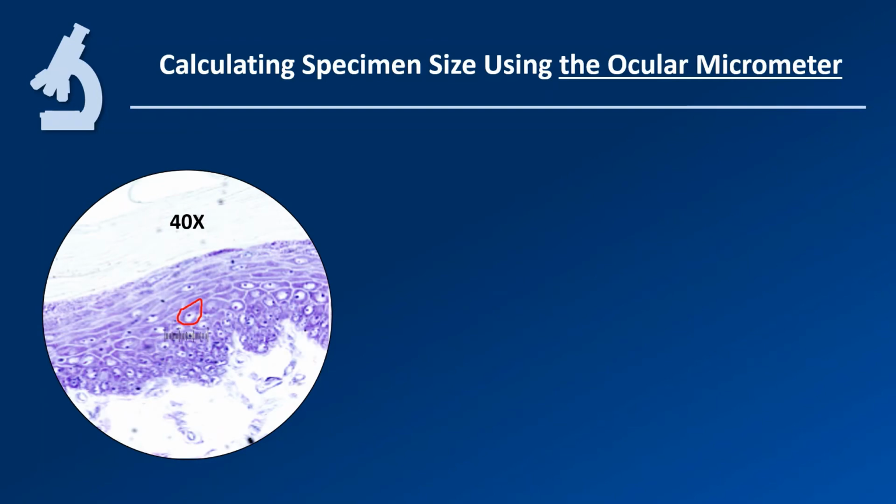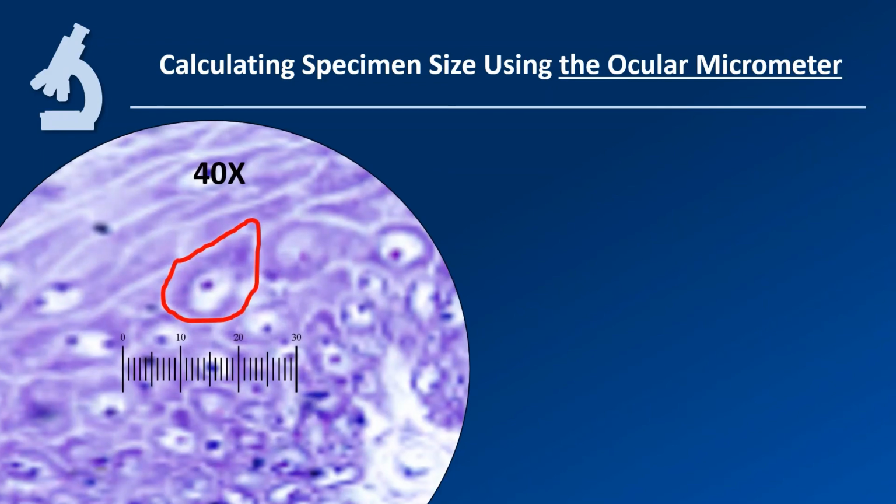Let's take a look now at this particular sample, these epithelial cells. Let's zoom in, and there we go. There's our cell, and there's our ocular micrometer. Looking at that, I'm guessing it's going from about the 5 to the 22. So that would be 17 divisions of the ocular micrometer.